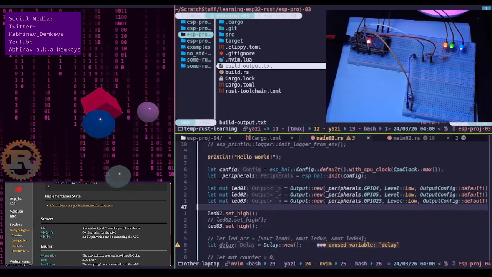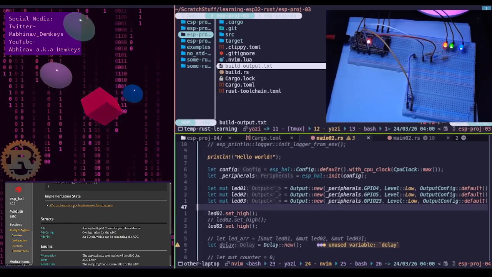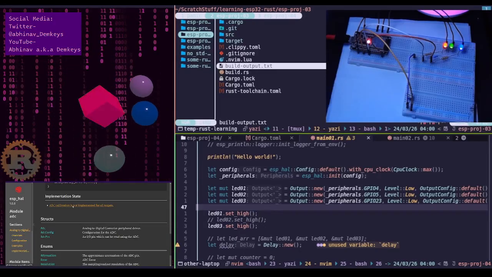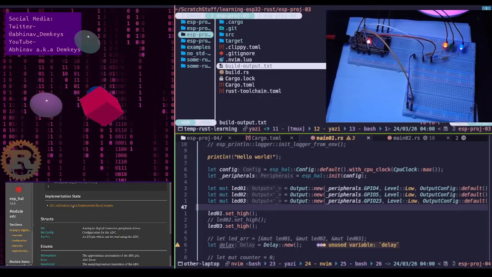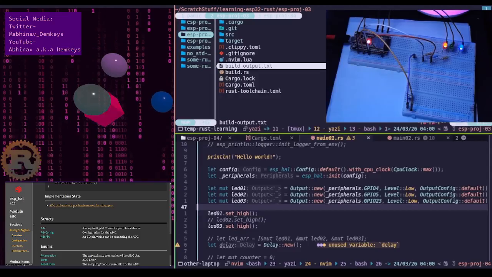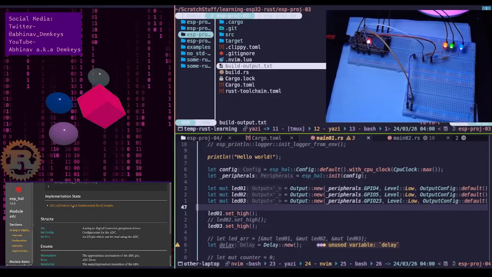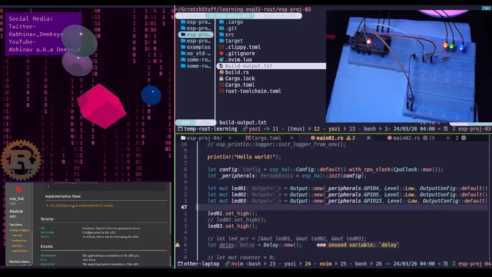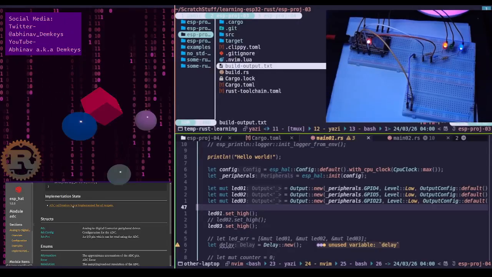Offset error: when you have zero volts on the pin, the ADC might report 50 instead of 0. And gain error: the slope of the conversion is slightly tilted, meaning 1 volt might look like 1.05 volts on one chip and 0.95 volts on another chip. Okay, that's crazy.